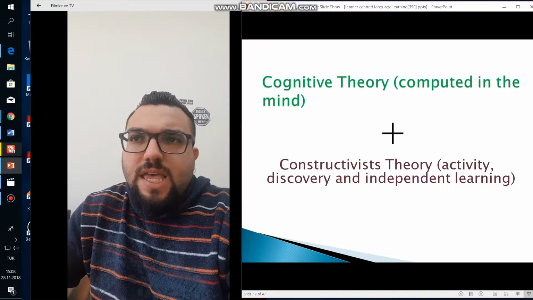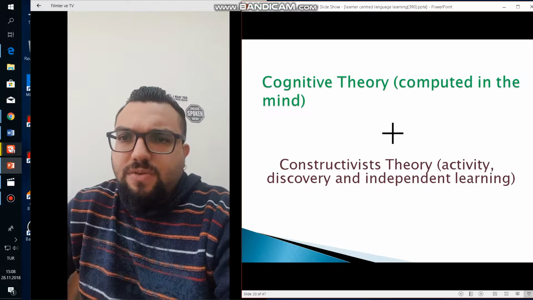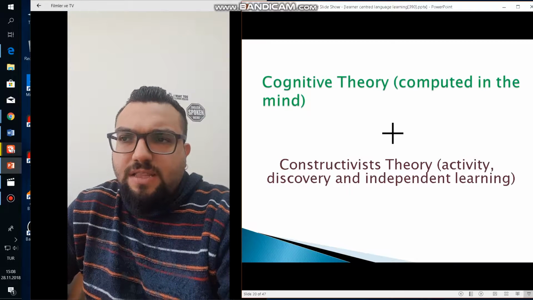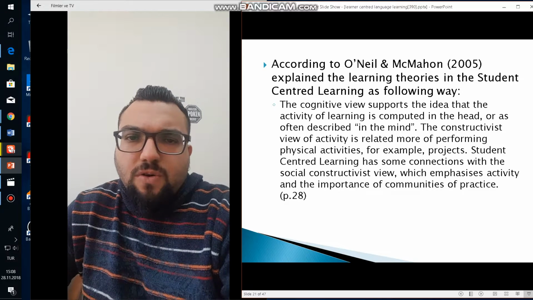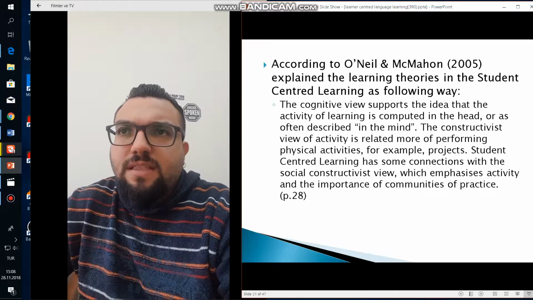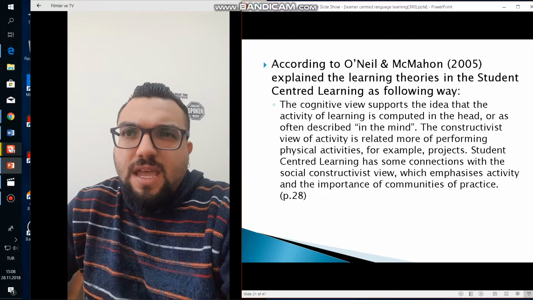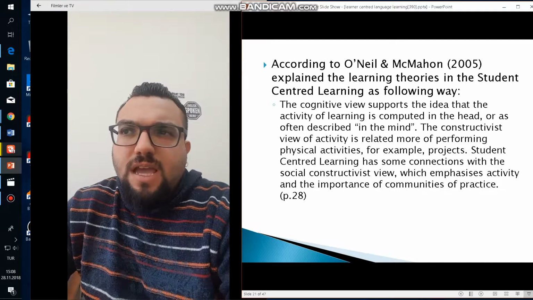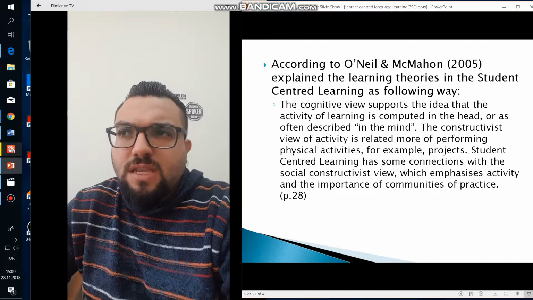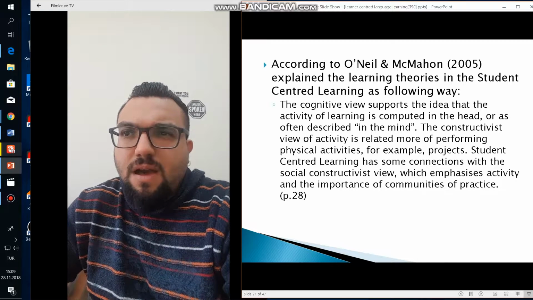Learning theories: cognitive theory, computed in the mind; constructivist theory, activity, discovery and independent learning. According to O'Neill and McMahon, the learning theories in student-centered learning are explained in the following way. The cognitive wave supports the idea that the activity of learning is computed in the head, or as often described, in the mind.